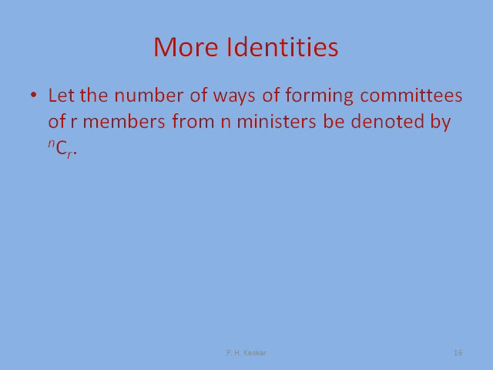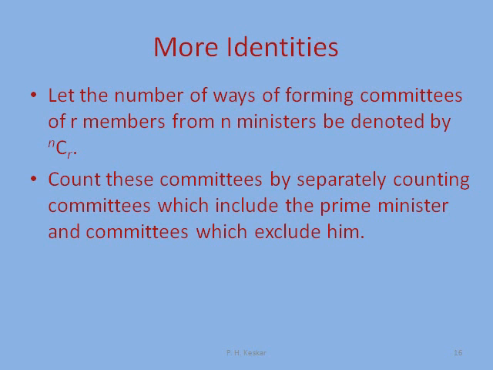Now these ways of forming committees I can count in some other way. What I do is I first count committees which contain the Prime Minister and committees which don't contain the Prime Minister. Suppose I want to only count committees which contain the Prime Minister. That means one member is already the Prime Minister. Then I just have to choose the remaining r-1 committee members from the remaining n-1 ministers.